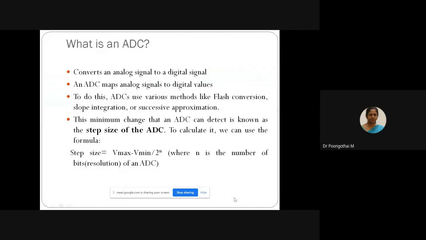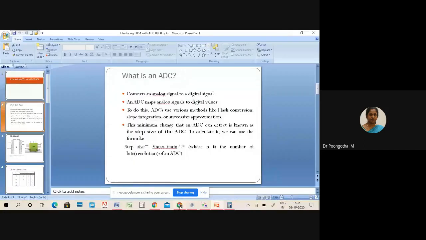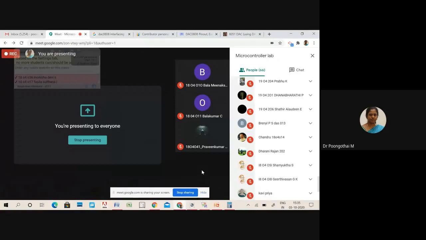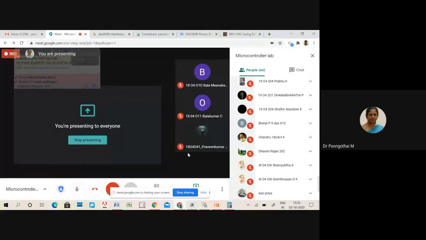So what is the purpose of this ADC? Why is it necessary? Why are we converting analog data to digital data? What is the necessity of converting analog to digital?